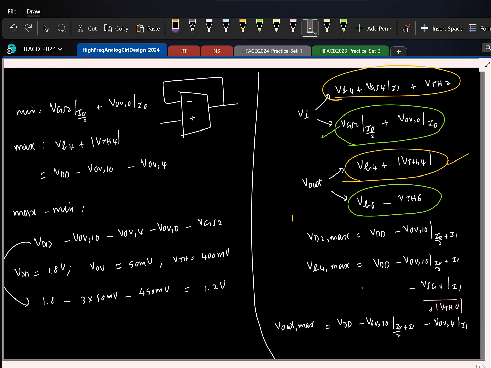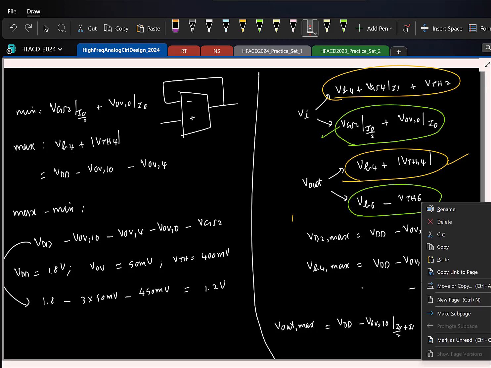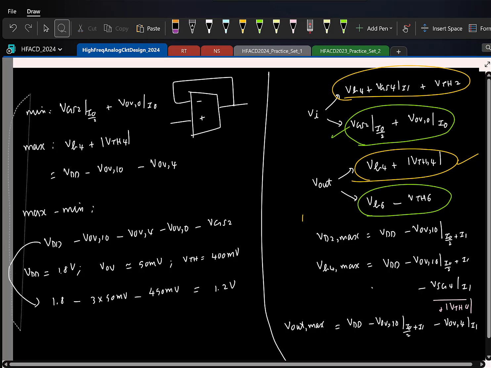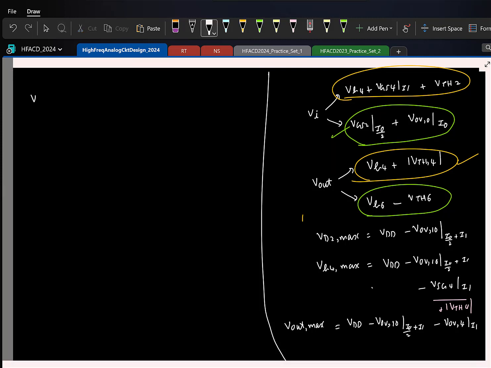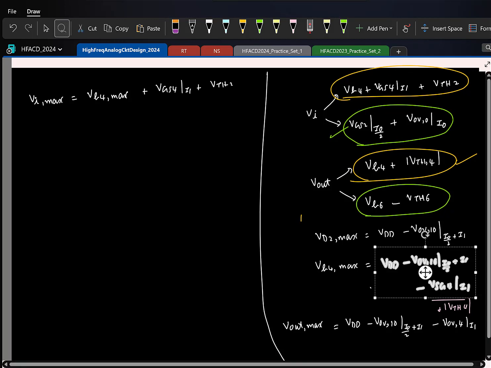Let's quickly make it so that this is, I'll copy paste this. So here, let's say I want to find the maximum I can apply at the input. VI max, which is this voltage, right? I'll write it here. It's maximum of VB4 plus VGS4 at a current I1 plus VTH2. I have VB4 max already written here, so let me copy paste that.